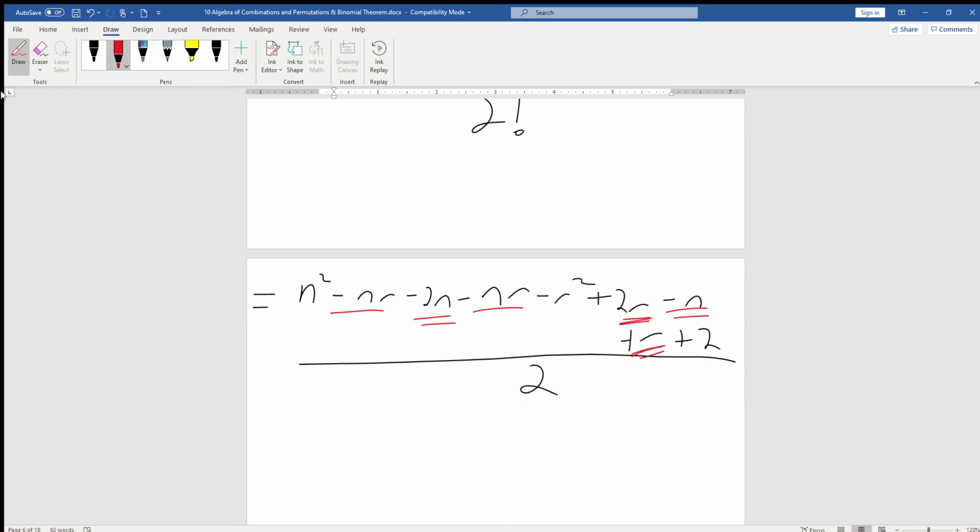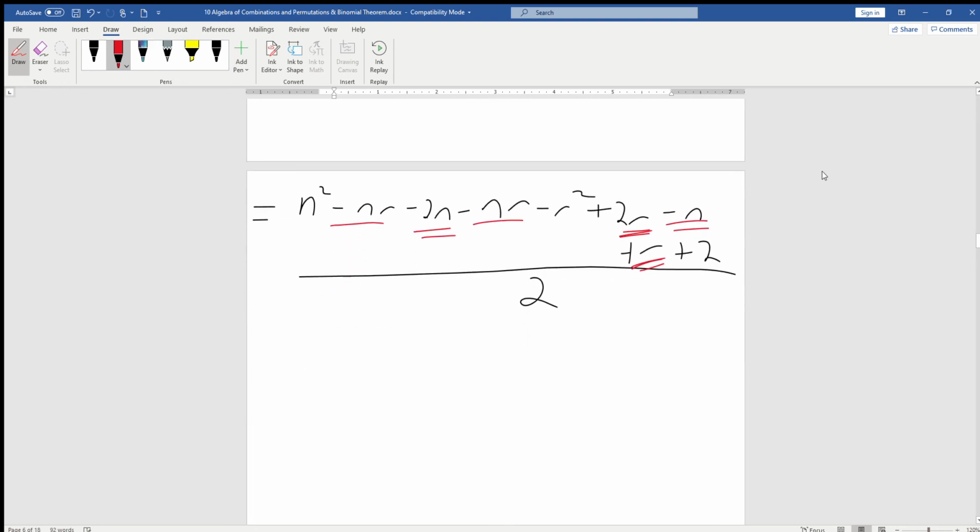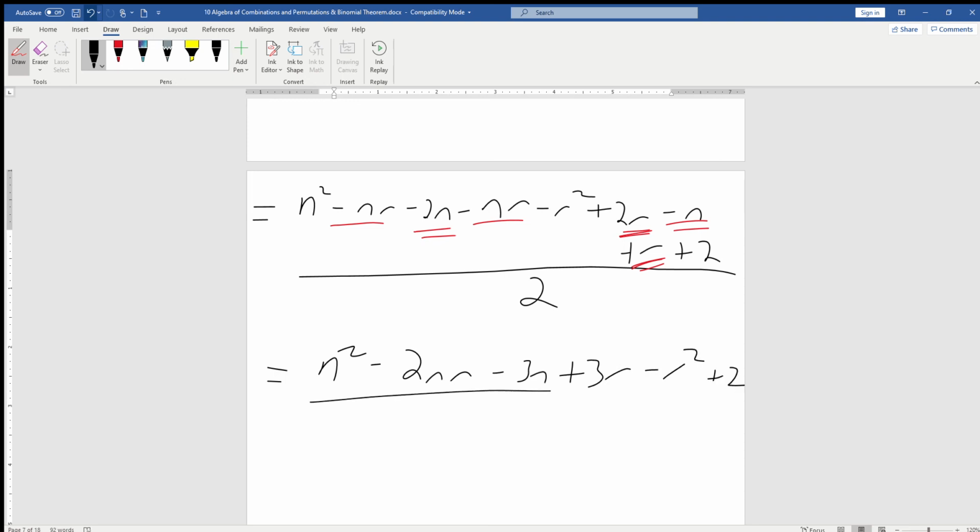So by combining our like terms, this winds up being n squared minus 2nr minus 3n plus 3r minus r squared plus 2, all divided by 2.